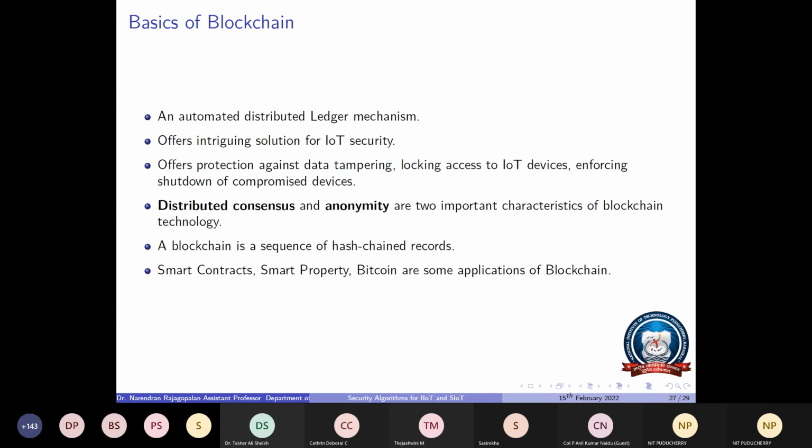There is work happening in the domain of blockchain to change from proof of work or proof of stake to proof of storage and lightweight mining algorithms, by which the storage as well as the computational cost is minimized so that it is able to find widespread application in the IoT domain.